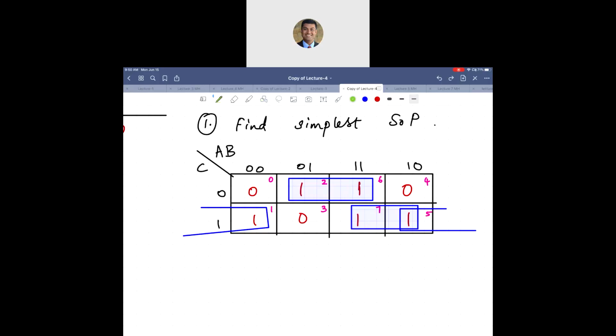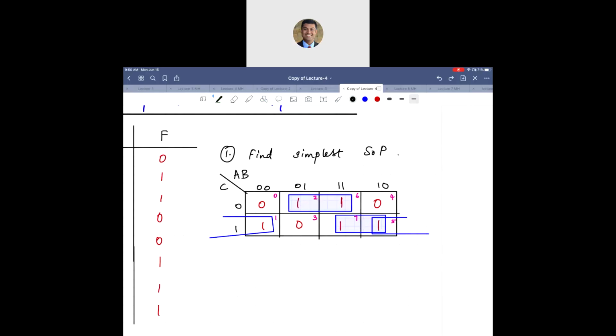All right, so let me write out the expression here, simplest SOP expression. What do I have?